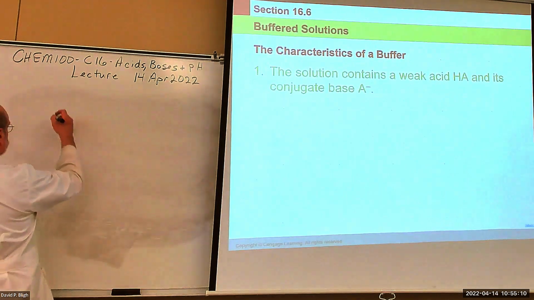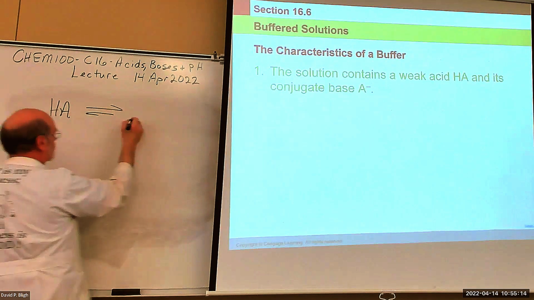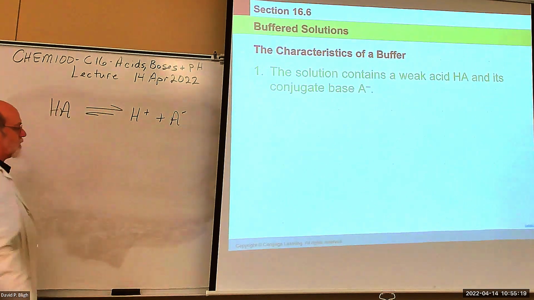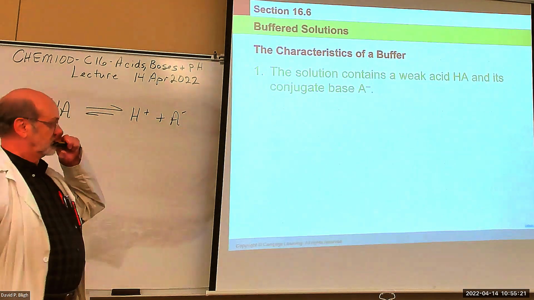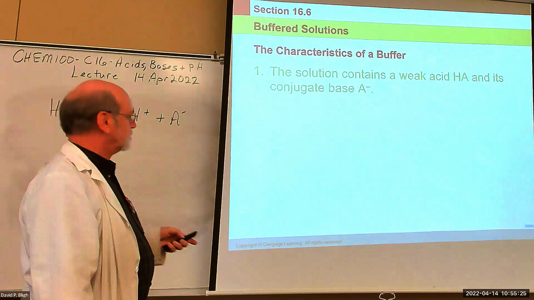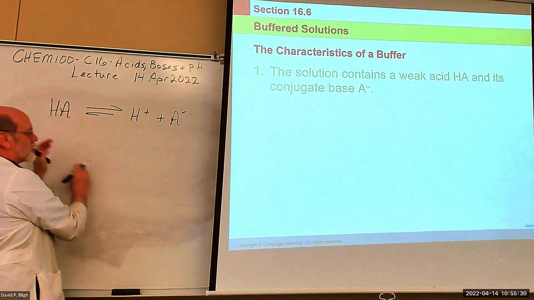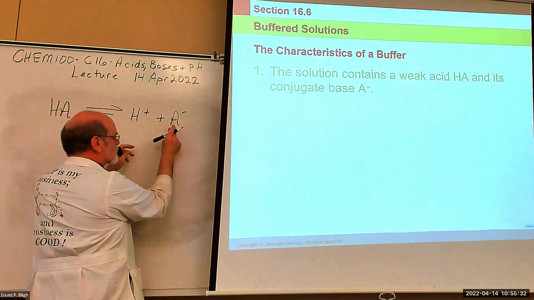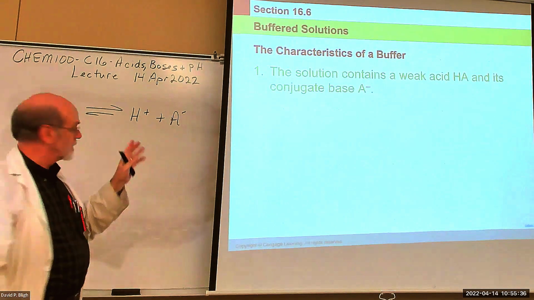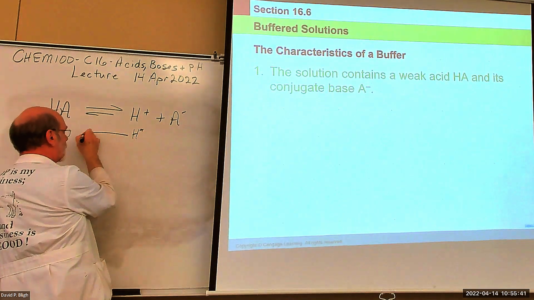So if we've got this acid, which is weak, in equilibrium with its conjugate base and hydronium ions, or hydrogen ions in this abbreviated form, where does it want to be? It wants to be over here, which means that's a very strong base. So if we add hydrogen ions to this solution, it's going to go like that.